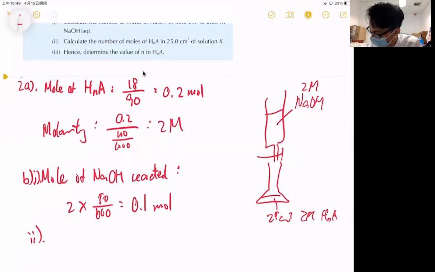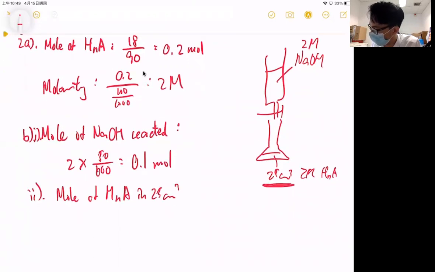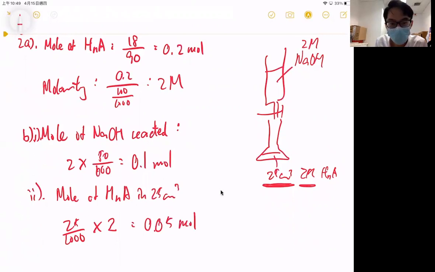So moles of HnA in 25 cm cube will be 25 cm cube divided by 1000 and times the molarity. And you will get 0.05. That is the number of moles of HnA inside 25 cm cube.